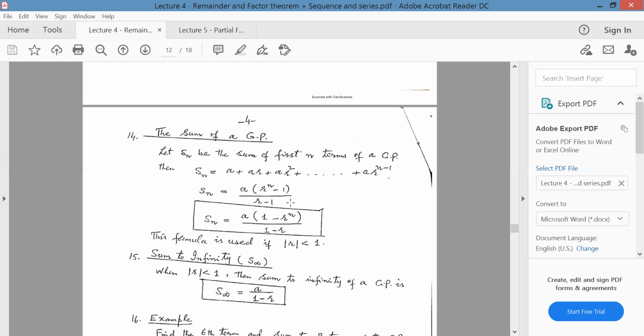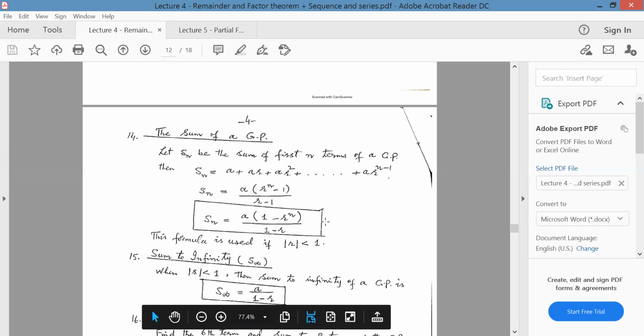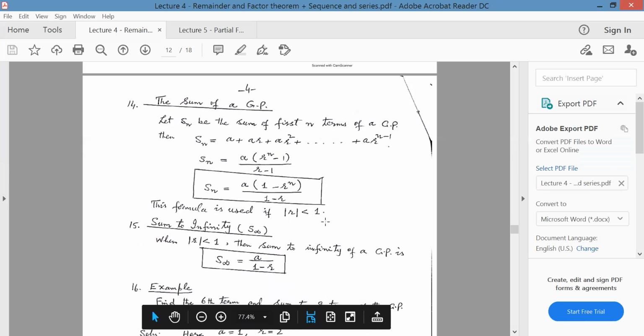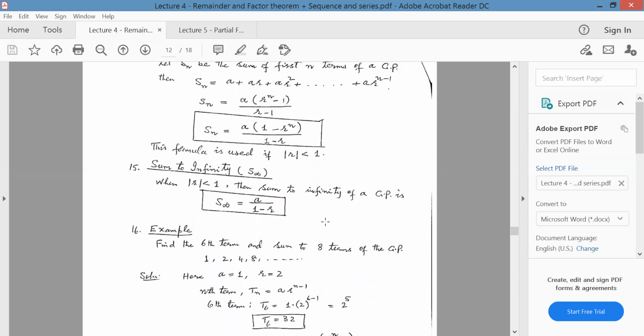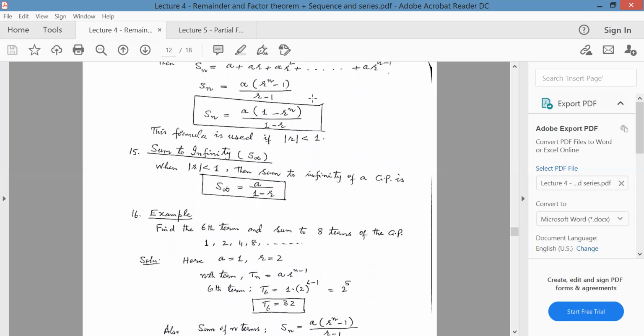So this term will be 0. Surely it will be 0. Then the answer will be a into 1, means a, and in the denominator the same thing, 1 minus r. So the formula is rather simpler. इससे भी ज़्यादा आसान हो गया. Sum to infinity terms: when the absolute value of r is less than 1, the sum to infinity of a GP is written as S infinity equals a upon 1 minus r.